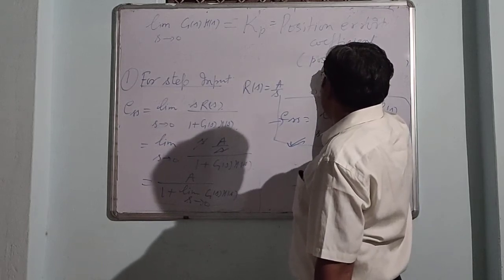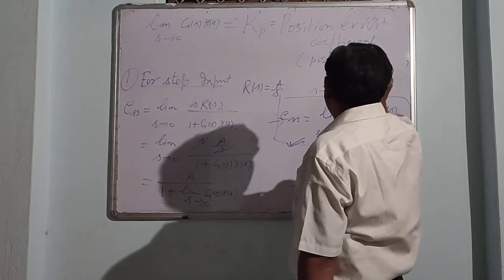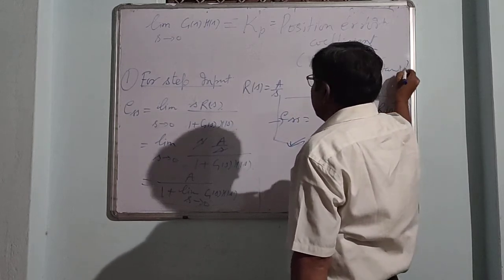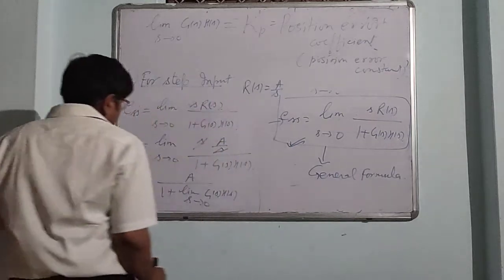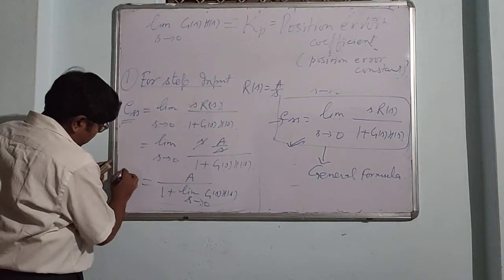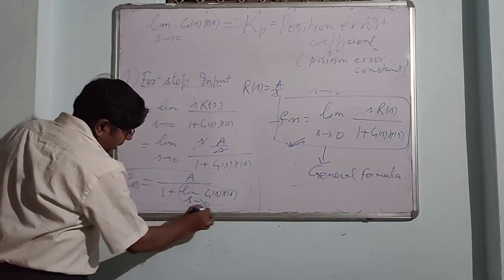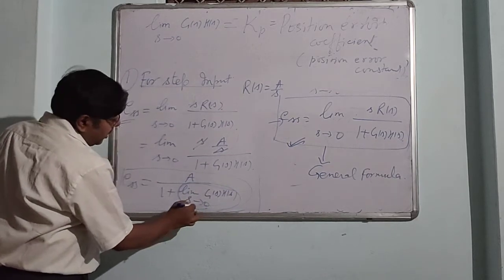This is also called position error constant. This term is the calculation value of steady state error, and the limiting value of this part is called Kp.